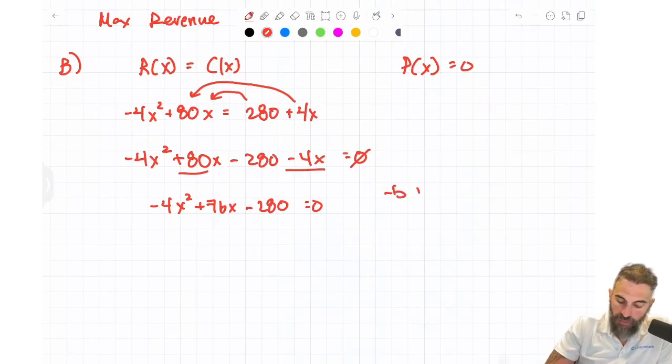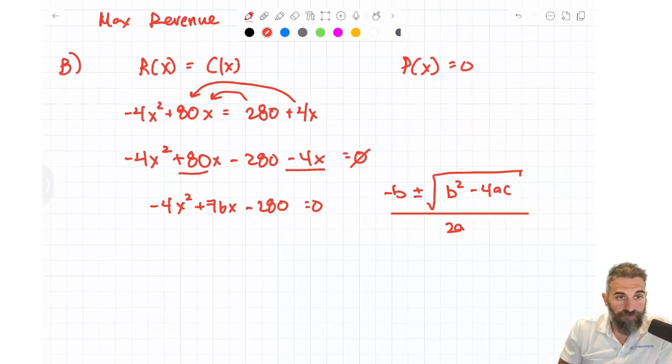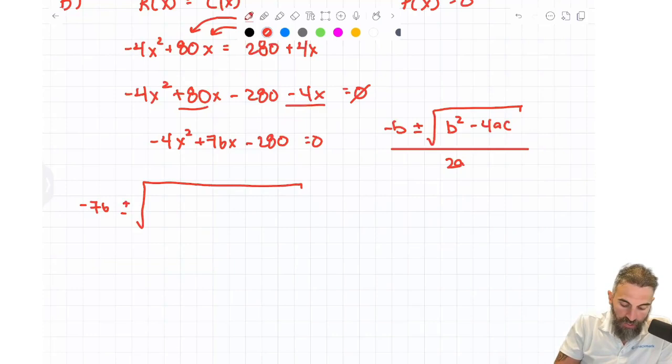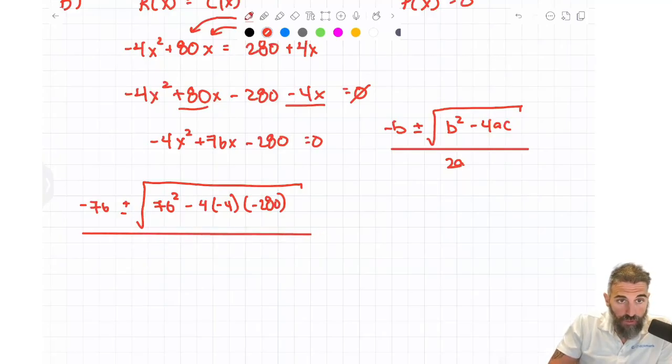So minus b plus or minus the square root of b squared minus 4ac over 2a. Okay. So negative b, so negative 76 plus or minus the root of b squared, so 76 squared minus 4, a is negative 4, c is negative 280, and then that whole thing over 2a, so 2 times negative 4.